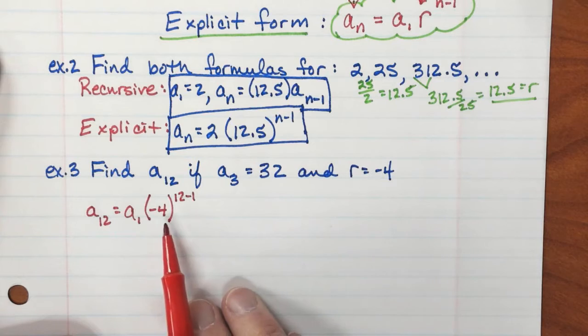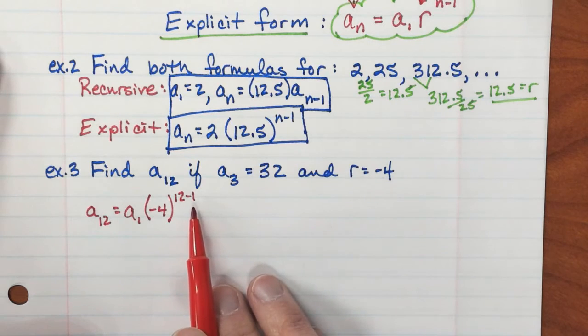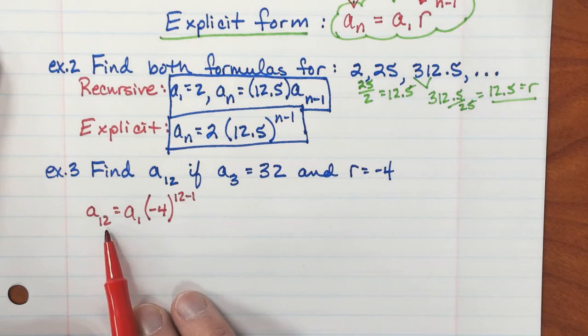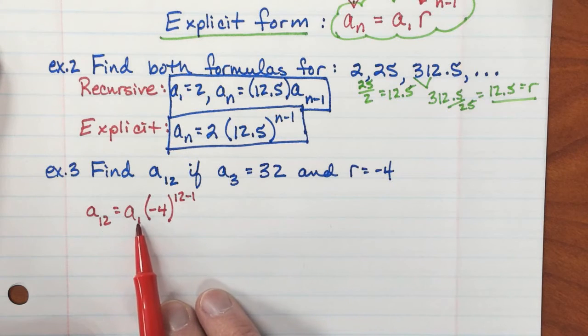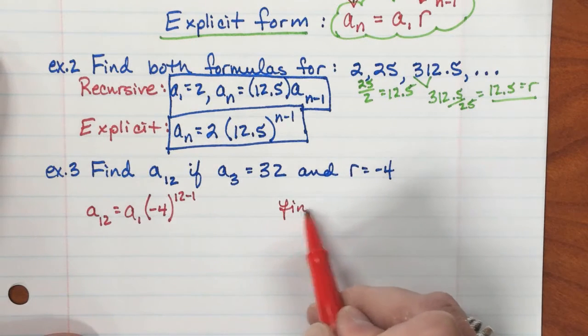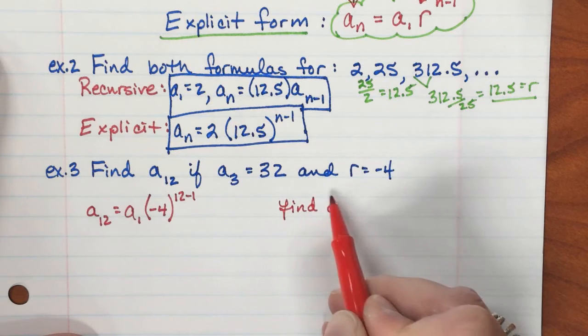Well, I can do negative 4 to the 11th power. I don't know the 12th term yet, but I can't plug it in because I don't know the first term. So we have to find a sub 1.